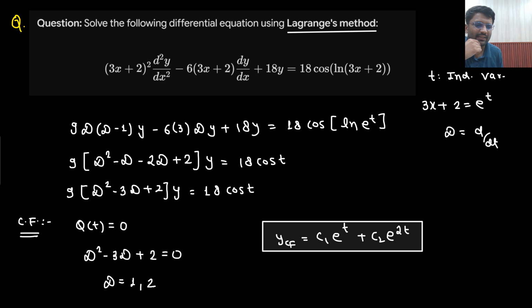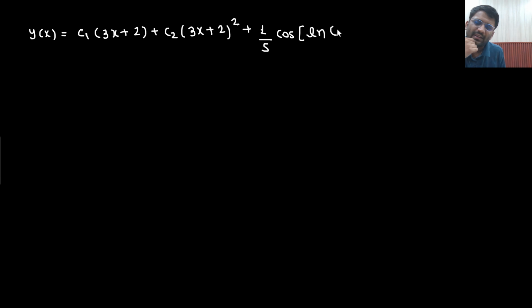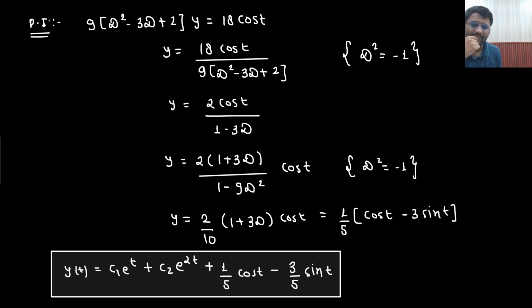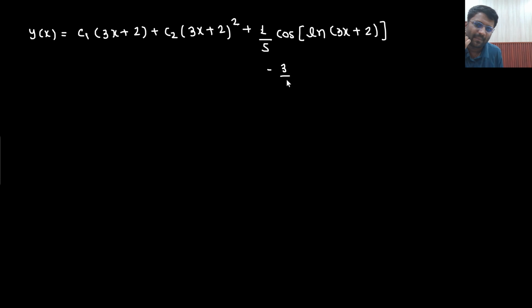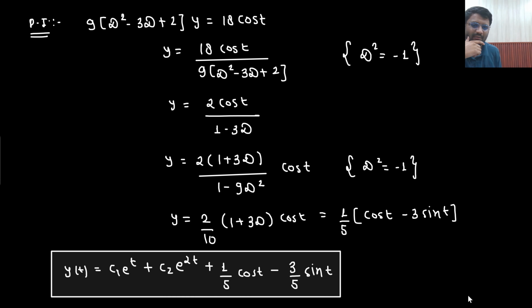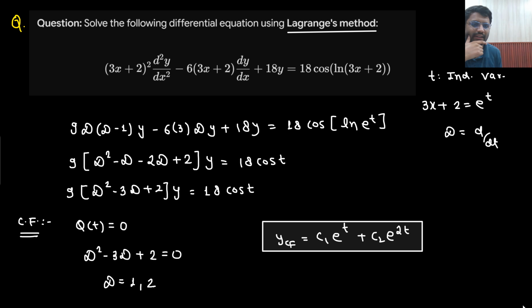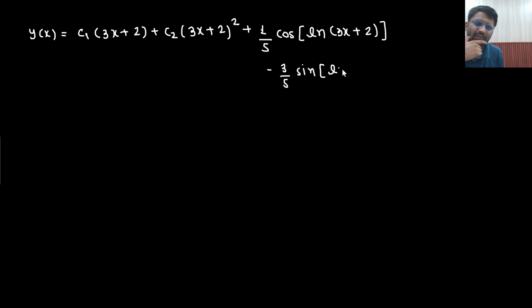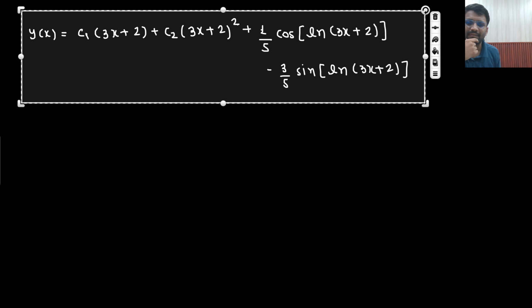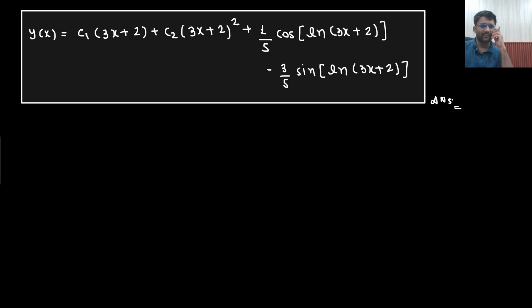Value of t is ln(3x plus 2), minus 3 by 5 sin of, what is the value of t? Value of t is ln(3x plus 2). That's the answer that you are getting.